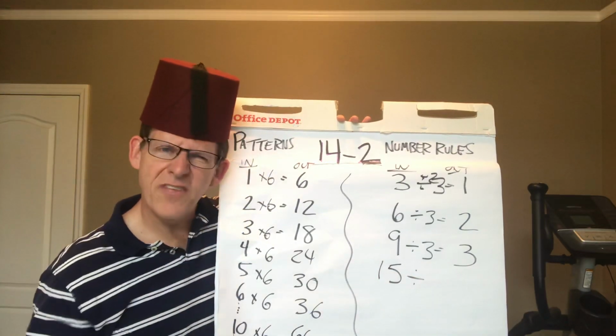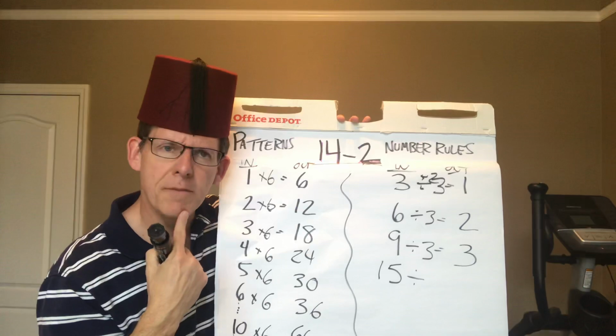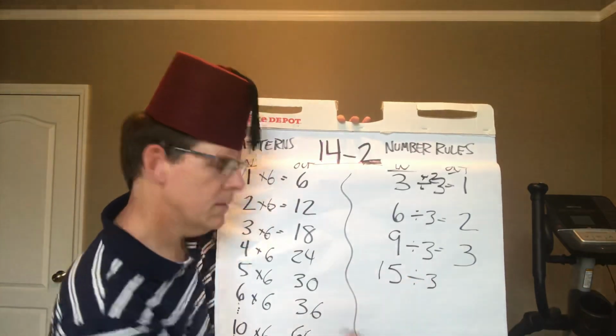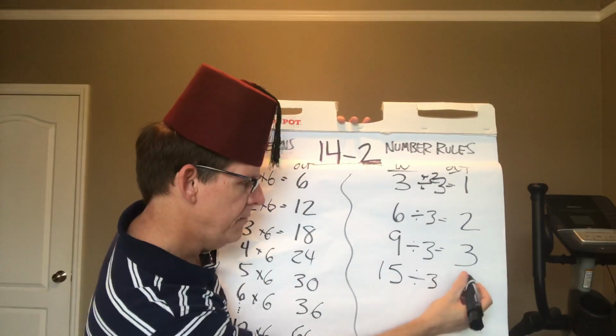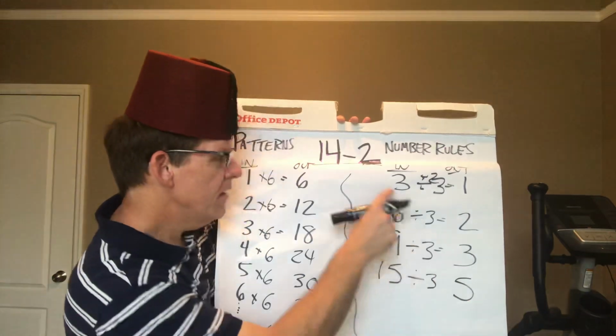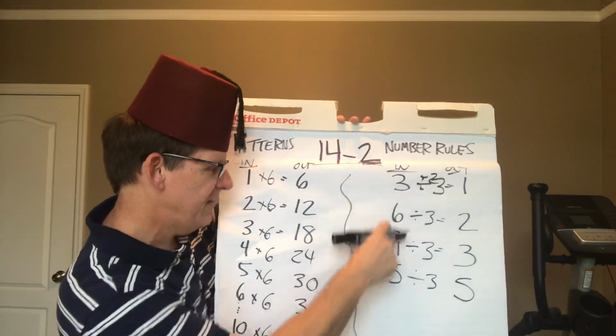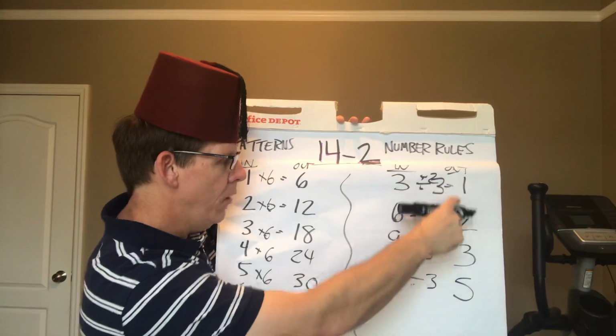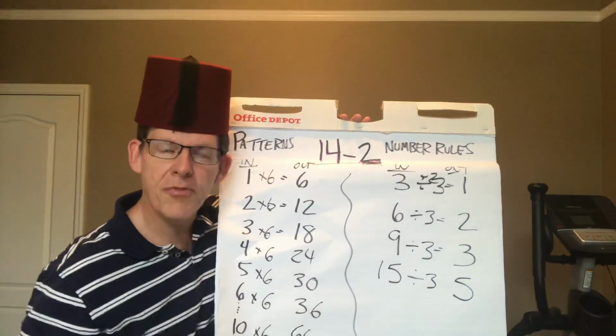What if I started with 15? For this pattern, what would it be? Oh yeah, it'd be 5. So for this set of numbers, 3, 6, 9, it would be 1, 2, 3, divided by 3.